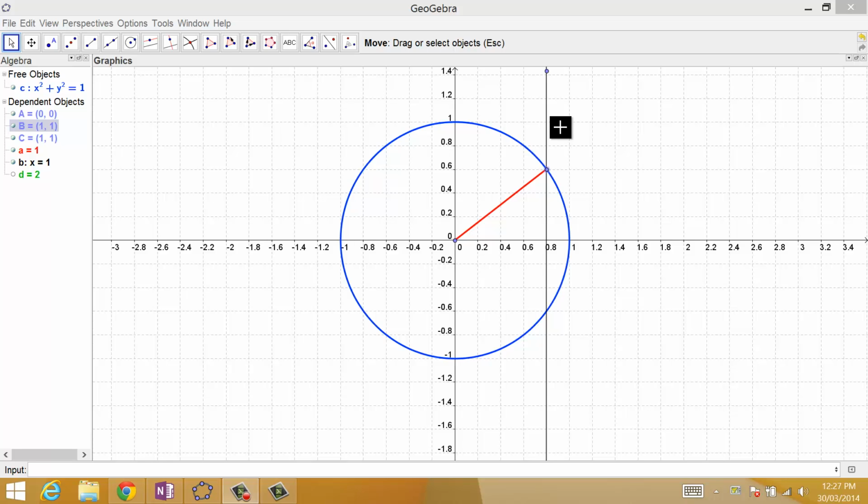In the previous video we looked at the relationship between the unit circle and sine theta and cos theta, the trigonometric ratios.